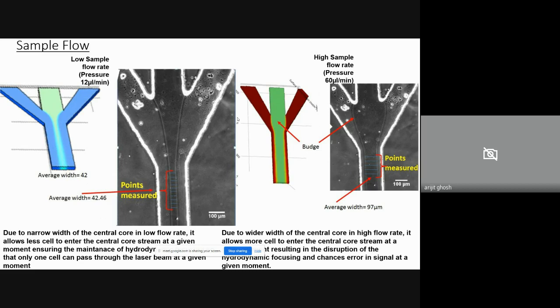So we can get high pulse signals in the high sample flow rate compared to the low sample flow rate. That is why low sample flow rate is desirable.